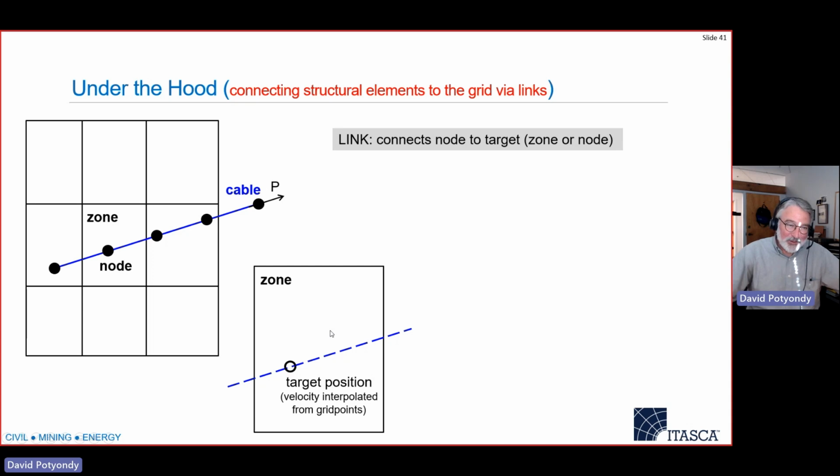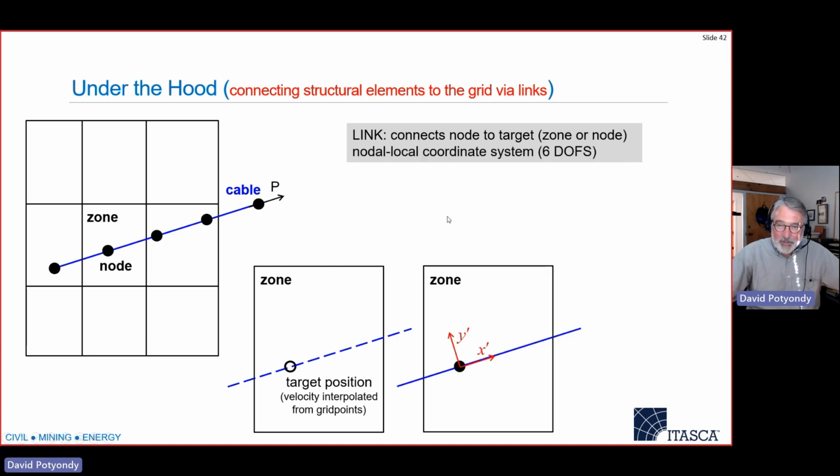And this node could also be linked to another structural element node, but in this case, it's linked to a zone. What happens then is that each structural node has its own local coordinate system. And in this case, because it's a cable, what's going to automatically happen is that the local coordinate systems of all the nodes on the cable are going to be oriented.